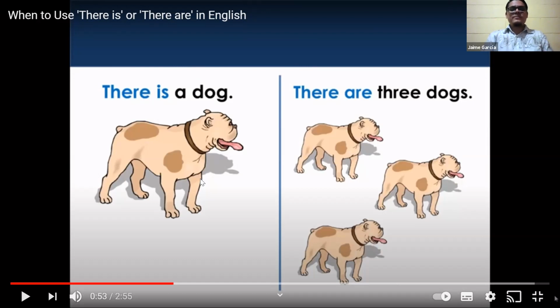So there is and there are are used to talk about existences, something that you can see. And maybe you're going to count the things. Basically, this is what we are doing. We are talking about quantity, based on some existences. So there is a dog, only one picture of a dog, and there are three dogs, three pictures of a dog.